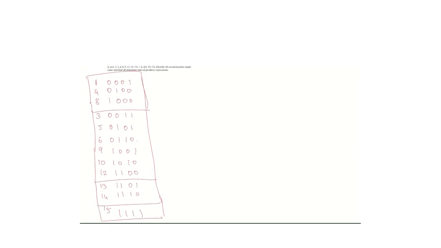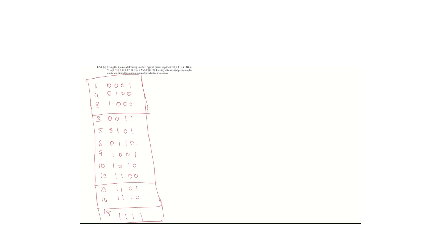Okay, so this is our first table. Now we'll look at groups 1 and 2. So let me name these groups 1, 2, 3, 4.